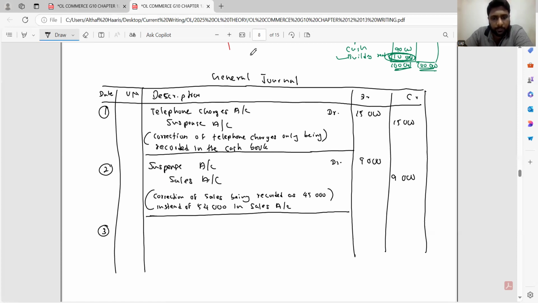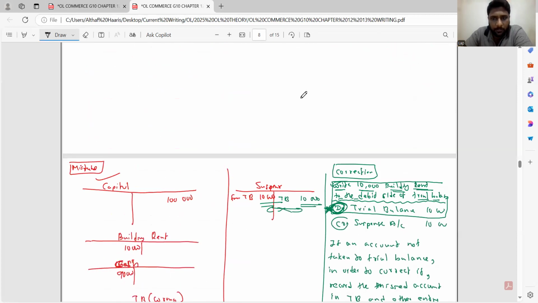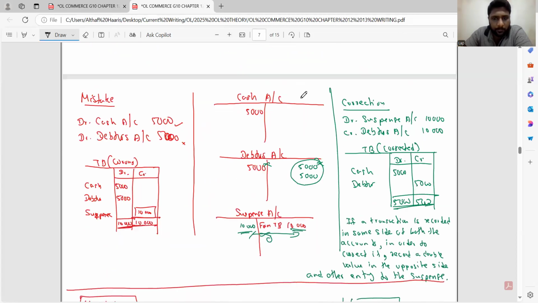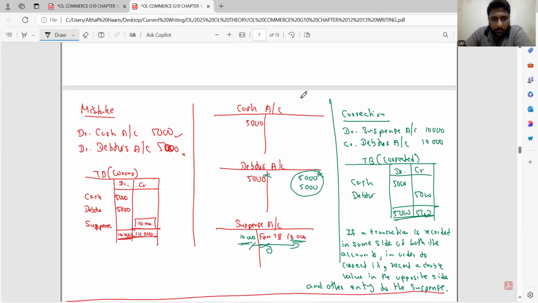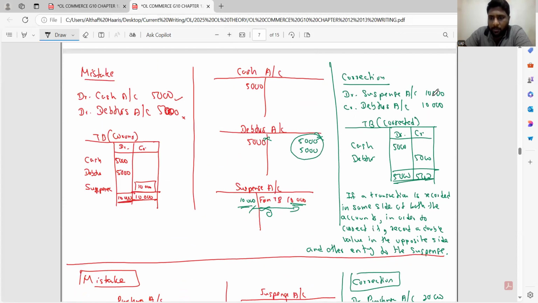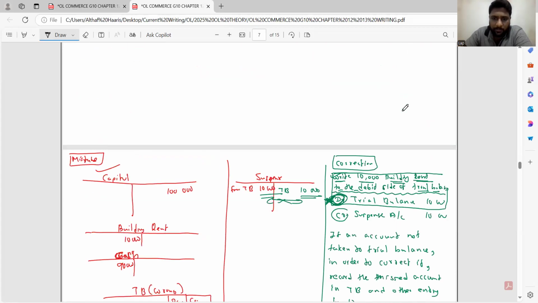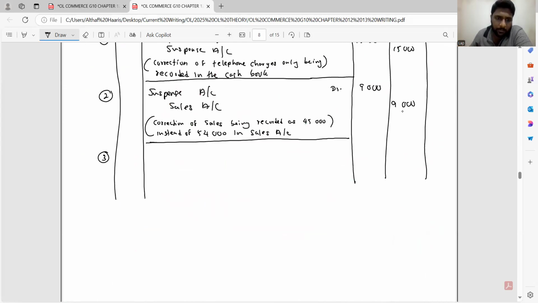Third one, suspense account debit 10,000, debtor account credit 10,000.